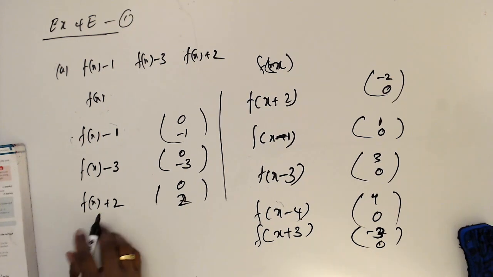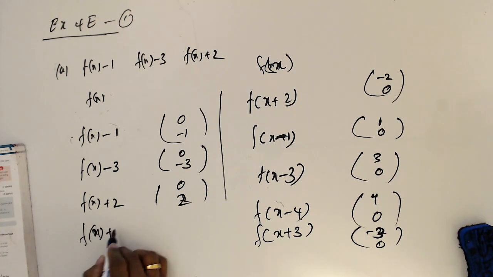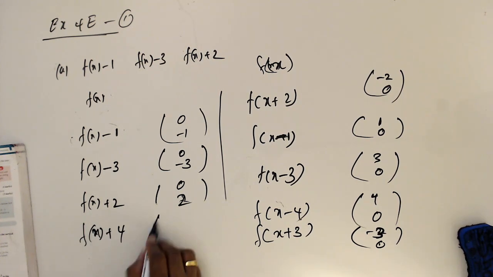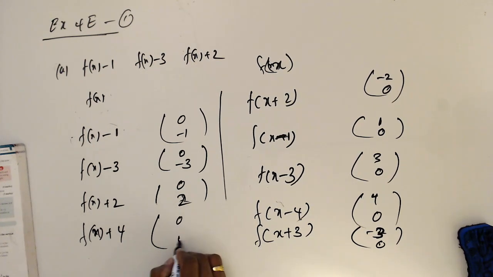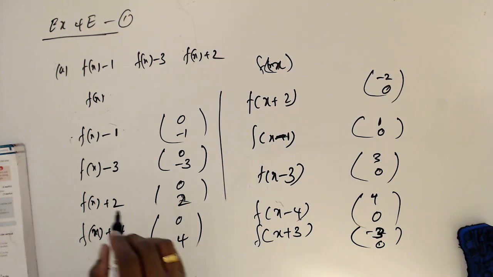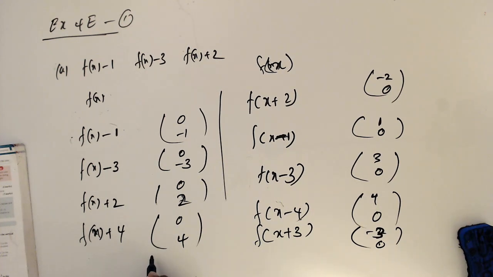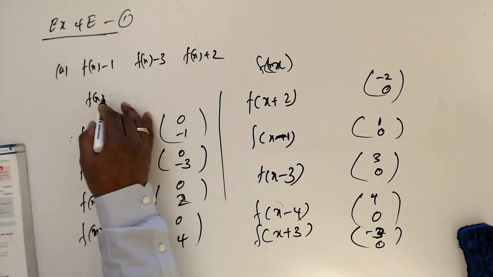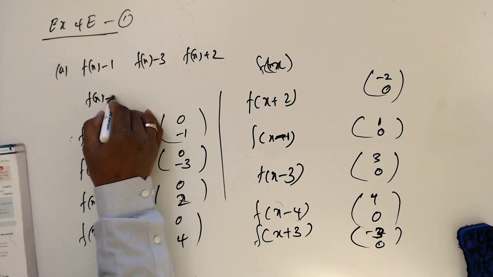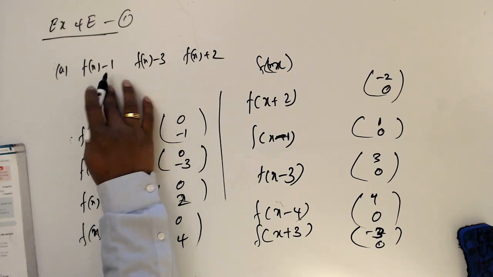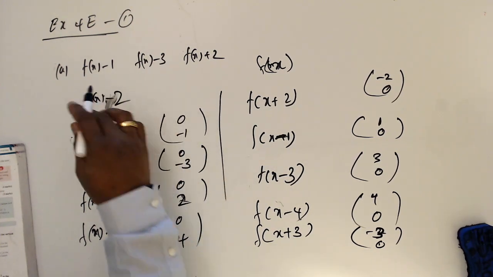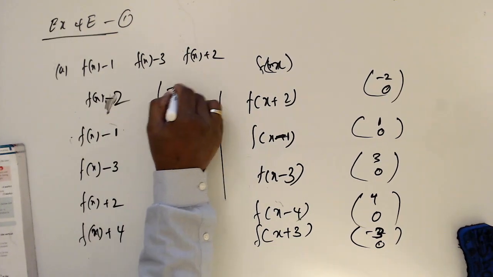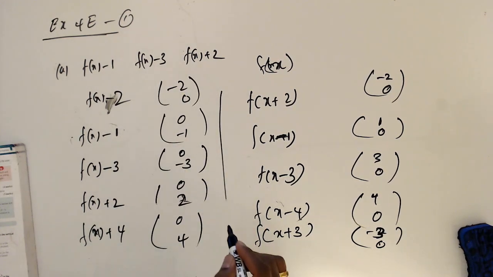And another one on this one: f(x) plus 4. So we want to shift this graph by 4. This is (0, 4). And f(x) minus 2 means this graph we have to bring down by 2.